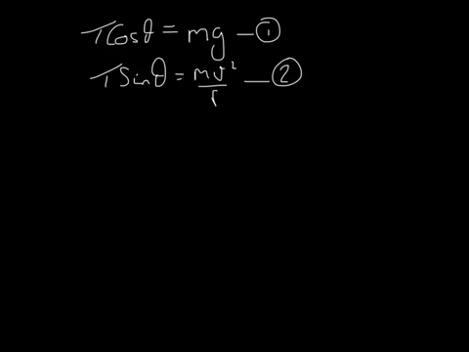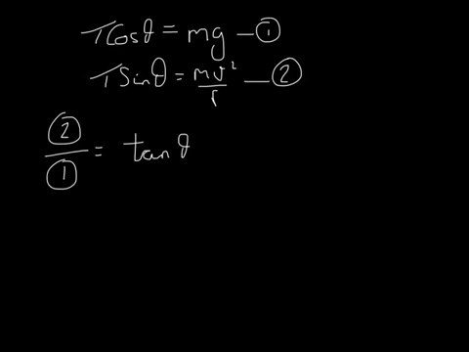So we still end up with two equations, but one of them is based on a balance of forces, and the other one is based on there being no balance in forces. There's a resultant force towards the center. And mv squared over r is not an opposing force, it's the value of T sine theta.